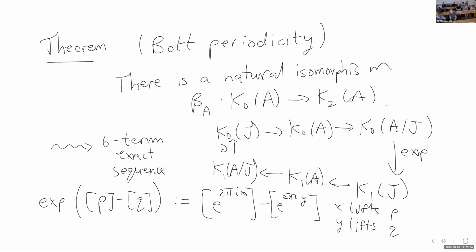Okay, fair enough. I'm willing to accept this, but from now on, I will never speak about higher K-theory other than K0 and K1. I hope I don't eat my words there. And I will all the time be talking not about this long exact sequence, but the six-term exact sequence. Okay, so this is this exponential map.